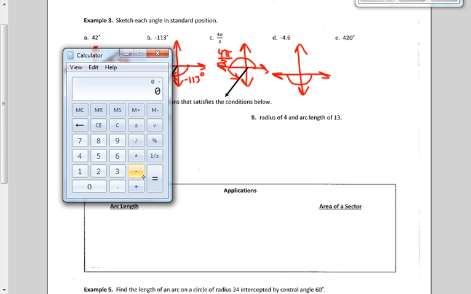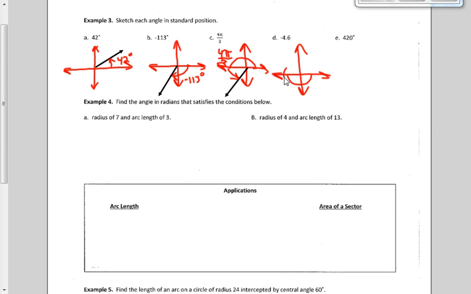And so if I take that negative 3 times pi, which is 3.14, and then I divide that by 2, that's negative 3 pi over 2, which is negative 4.71. Well, that's too far. I only need to go negative 4.6. And so I'm only going to go here, to about here.